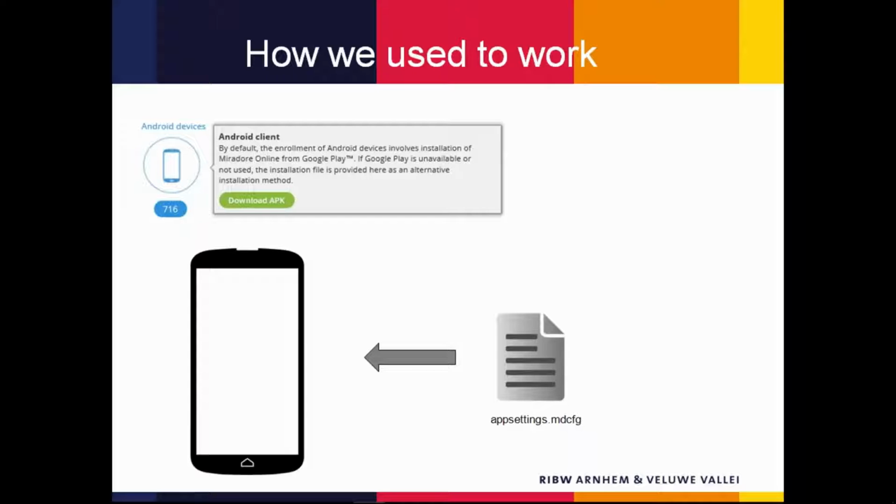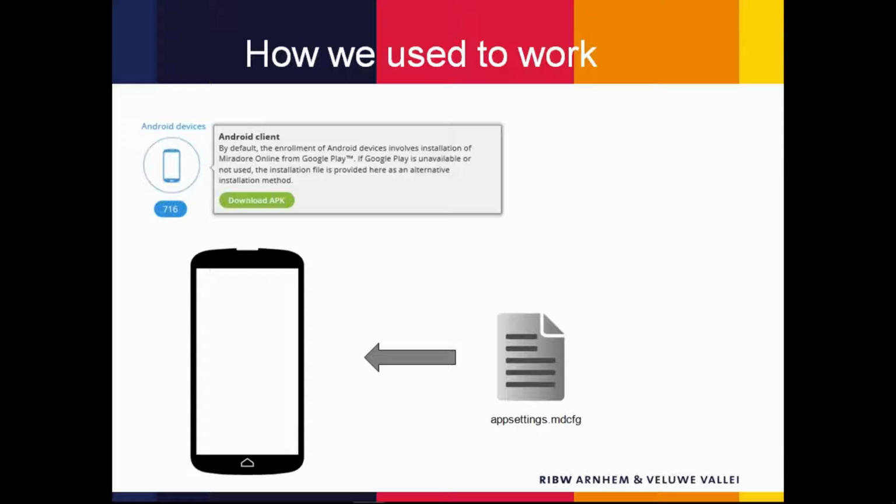When we started to work with Miradore, we had to take note of some odd information and a few particular handlings for making the product available on our devices. First, we installed the Android client. We mainly use Android devices.